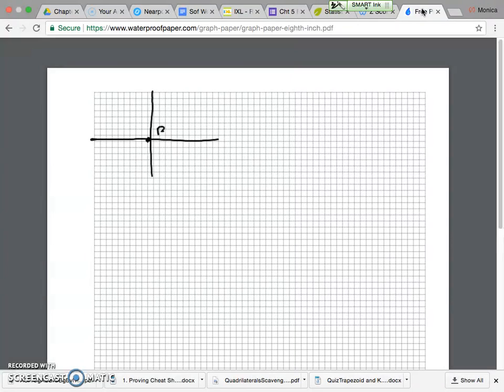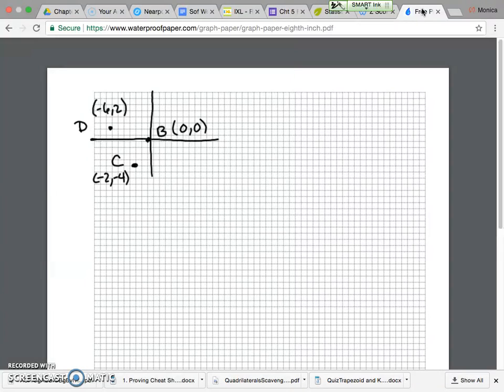This is B. And -2, -4. This is C. And -6, 2. And this is point D.